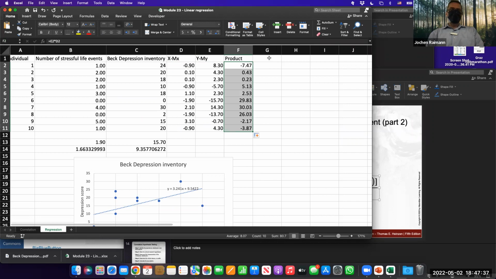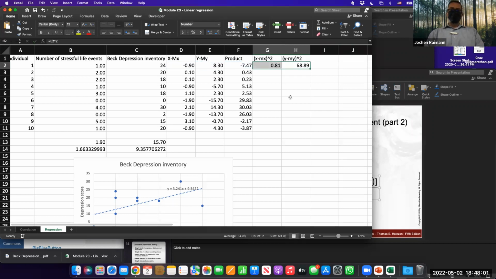We continue this, and now we need the squares, which is x minus mx squared and y minus my squared, which is this squared and this squared.